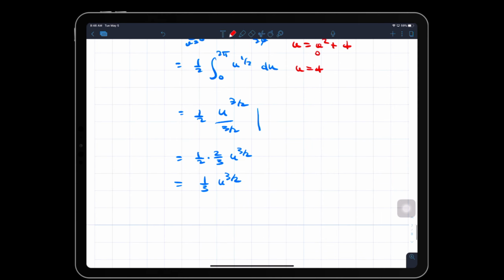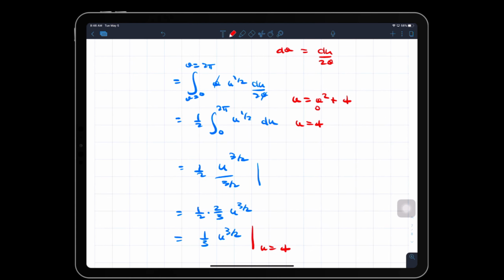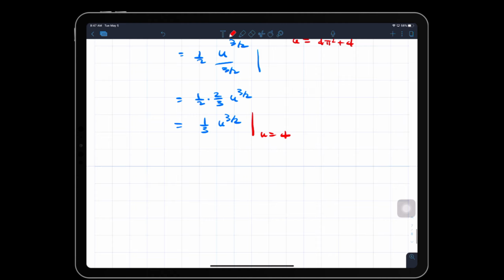So the lower limit here for u is 4. And when I plug in 2 pi, we get u, not mu, u is 4 pi squared plus 4 because I have to square 2 pi. So my upper limit is 4 pi squared plus 4.